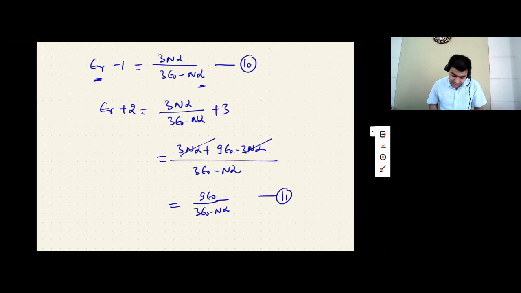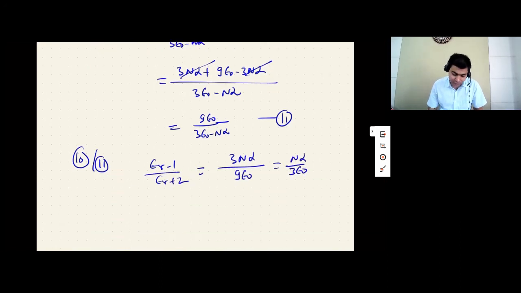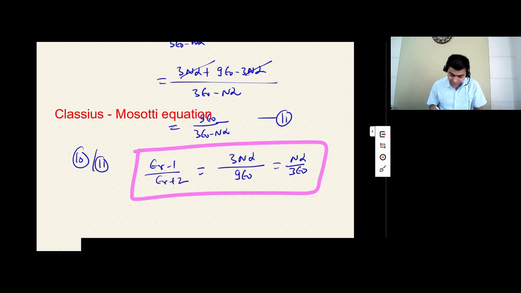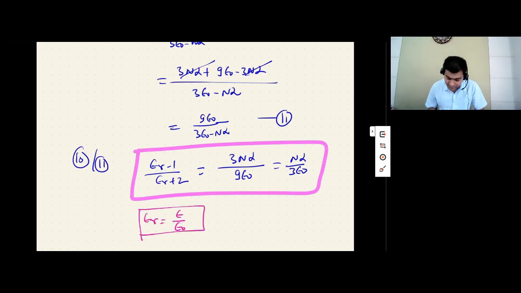This is equation 11. If I divide 10 by 11, I get (epsilon r minus 1) upon (epsilon r plus 2) is equal to 3 N alpha over 9 epsilon 0, which is N alpha over 3 epsilon 0. This is the more familiar form of the Clausius-Mossotti equation, where epsilon r is the dielectric constant and alpha is the atomic polarizability.